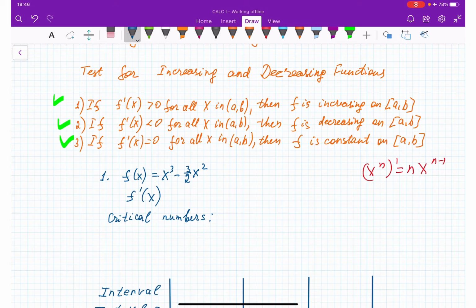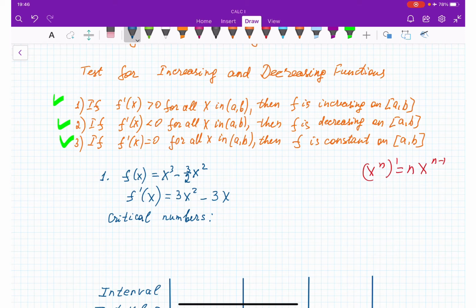So following that rule, f prime of x is equal to 3x squared minus 3x, because twice 3 over 2 is going to be 3, and 3x.